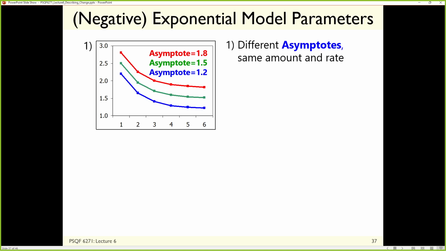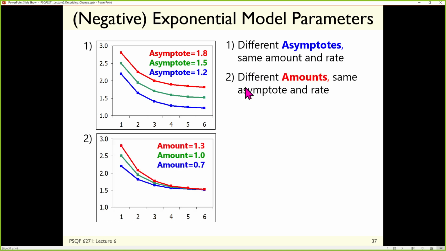This is as fast as you can do this task. And these 3 lines differ in their asymptotes. So the person in the red here would have a best eventual response time of 1.8 seconds. The person in the green gets all the way down to 1.5, and the blue person gets down to 1.2. So these functions differ only in their asymptote for where they end up.